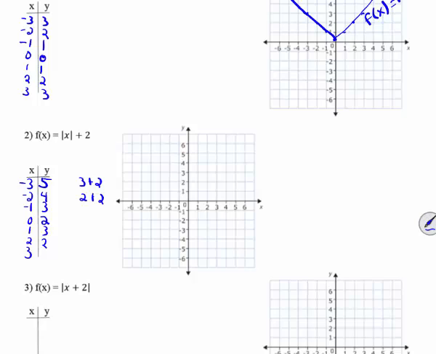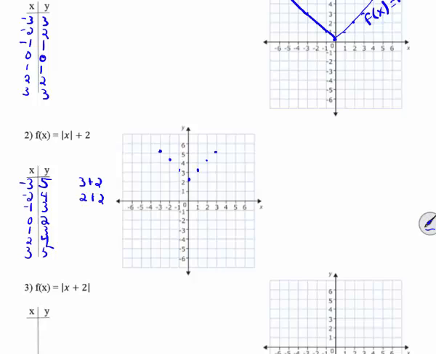3, 2, oops, that does not make sense. How about 3, 2, 3, 4? And then 5. So over here we have -3, 5, 4.